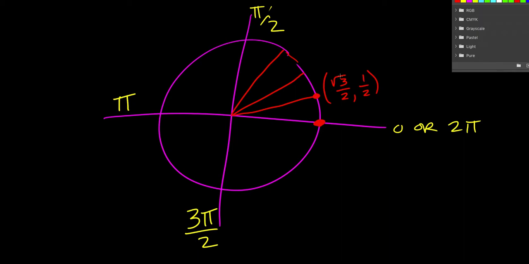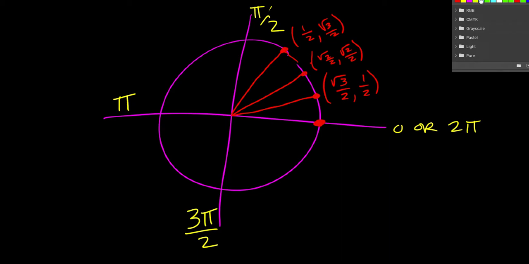And I'll explain how I remember those in just a second. Right here, it's the square root of 2 over 2, square root of 2 over 2. And right here, it's just the inverse of this, so it's 1/2, square root of 3 halves.